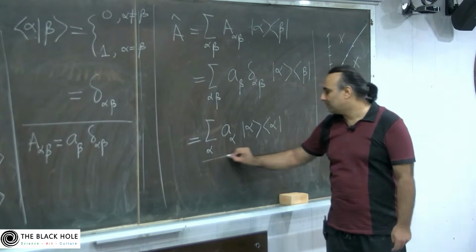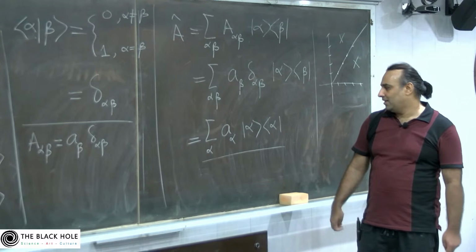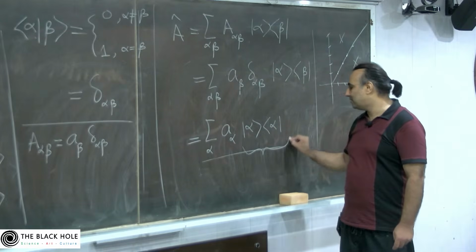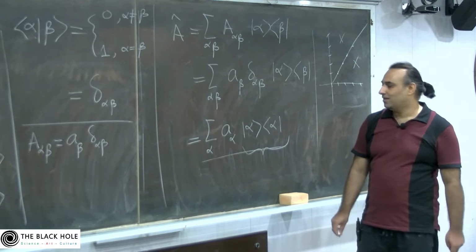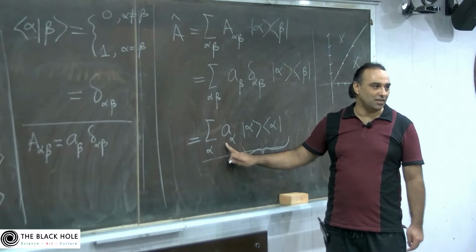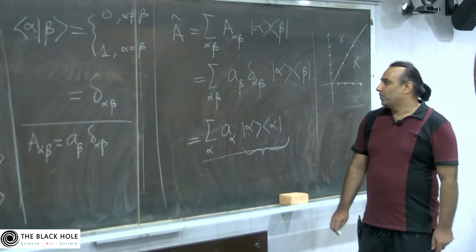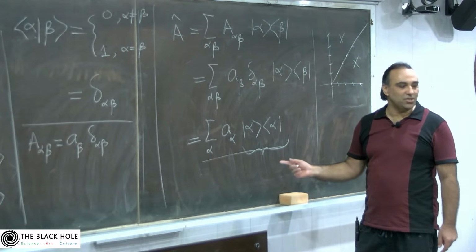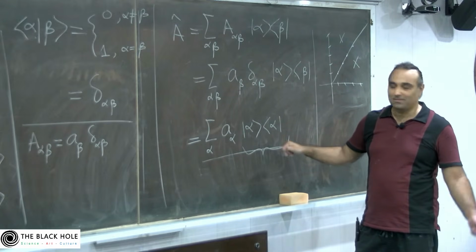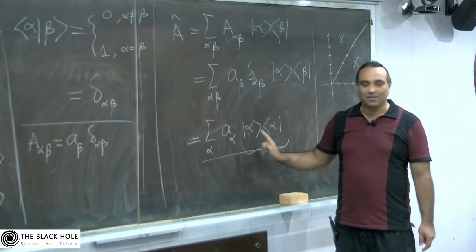But now look at this. It looks quite like a resolution of identity when you just look at this thing, but in resolution of identity there is always 1 here, but here there can be some other number. So the simplification by using these eigenbases is that these two are the same.